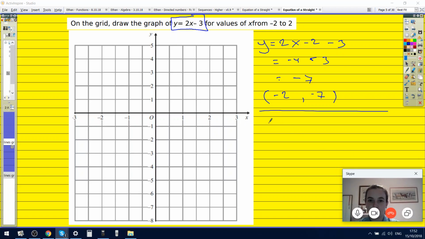Then y equals 2 times 2 minus 3. So then 4 minus 3 and 1. Okay. So 2, 1. Well done. And then put them on the graph. So how do I put the first one on?